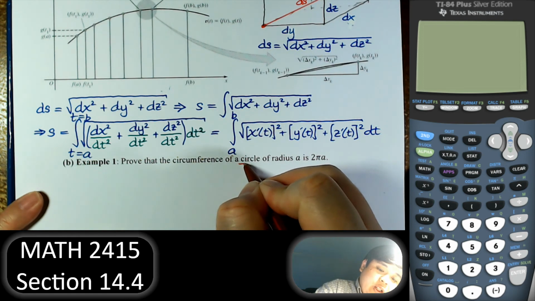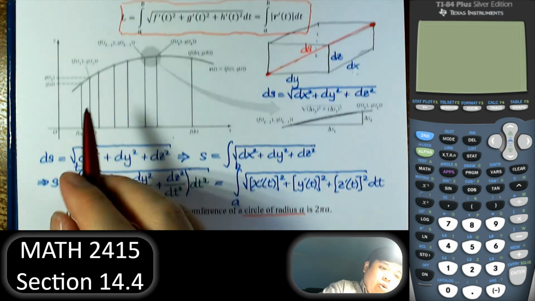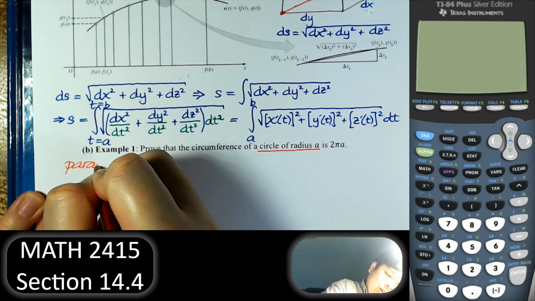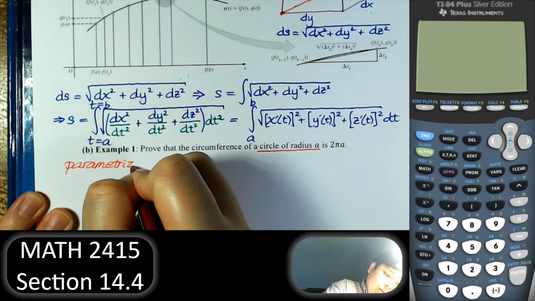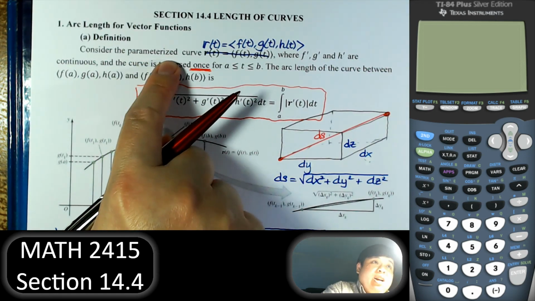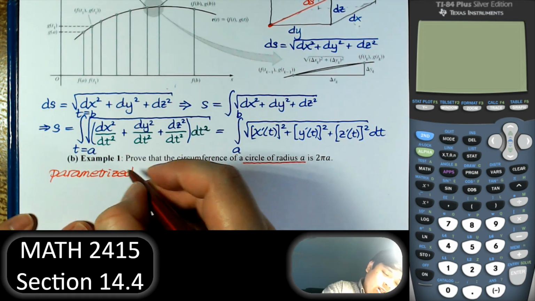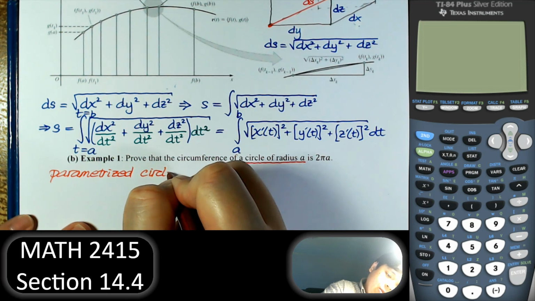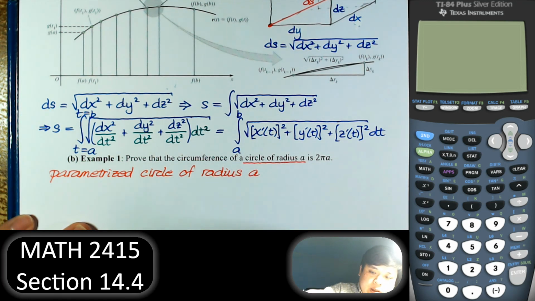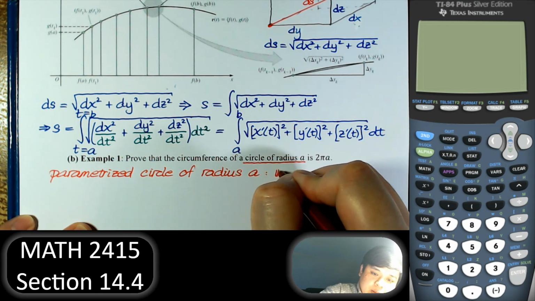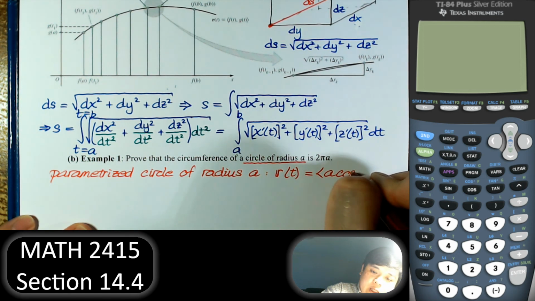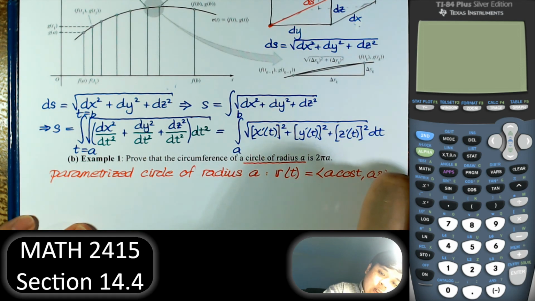So the circle of radius a is what we call a parametrized curve. By the way, I write parametrize or parameterize. Right? Either way works. Parameterized circle, radius a: a cosine t, a sine t.